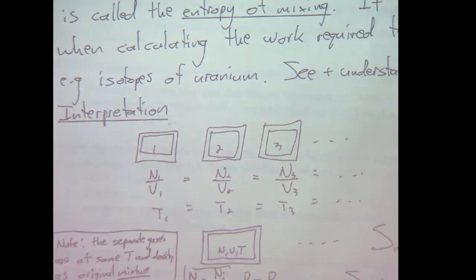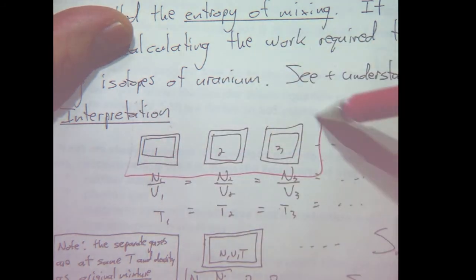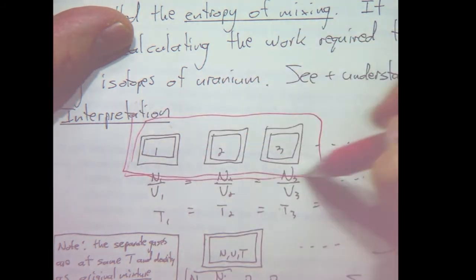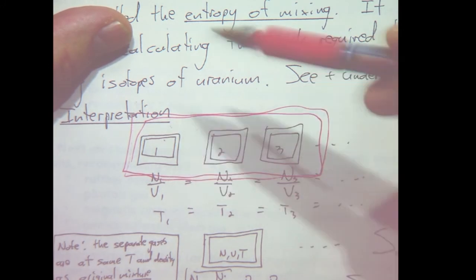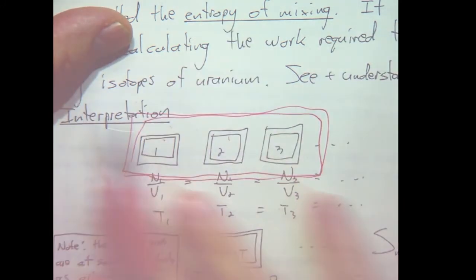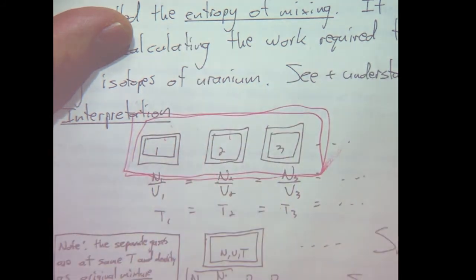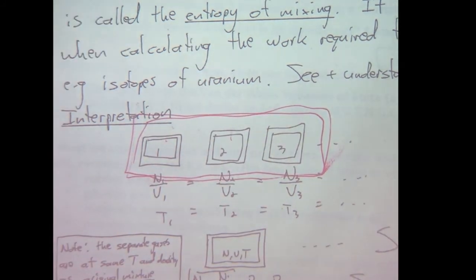And then what you could do, for example, is put all of this inside a big isolated container and take the lid off that one, take the lid off that one, take the lid off that one, and make them mix. And then you would have that first expression, equation 3.39.